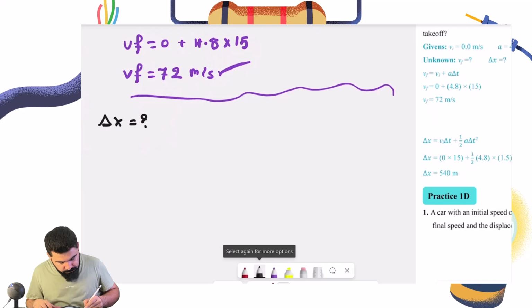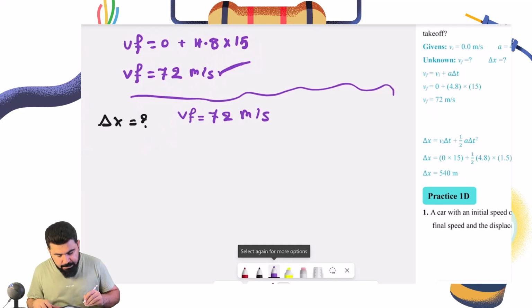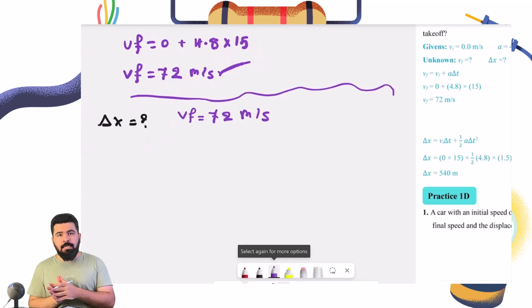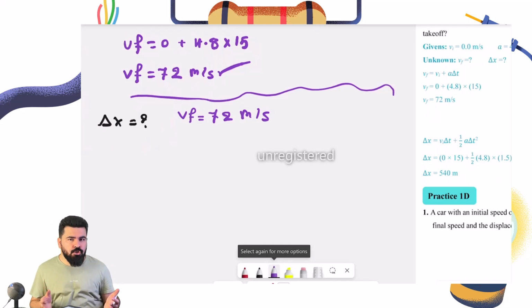So we have V final this time, which is equal to 72 meter per second. Now guys, we have delta x, which is equal to 1 over 2 in a bracket, V final plus V initial, multiplied by delta t. And then we have delta x, which is equal to V initial multiplied by delta t plus 1 over 2 A delta t squared.